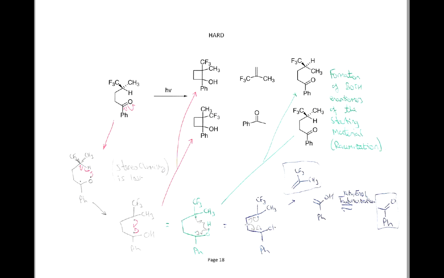That cleavage is going to break this bond. So breakage of this bond, with the electrons moving like that, gets you to your double bond, the alkene here, forming a pi bond here gets us to our enol, and we've already discussed the keto-enol tautomerization that ends up at this product ketone.